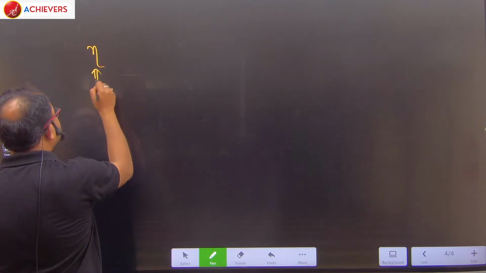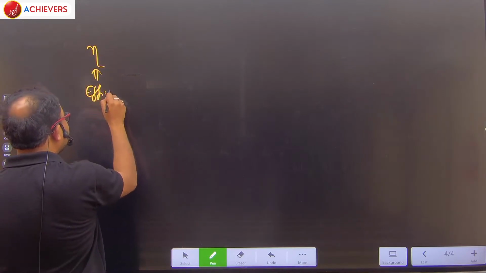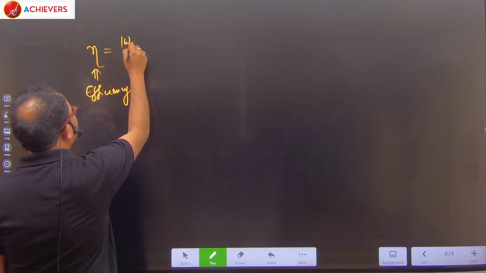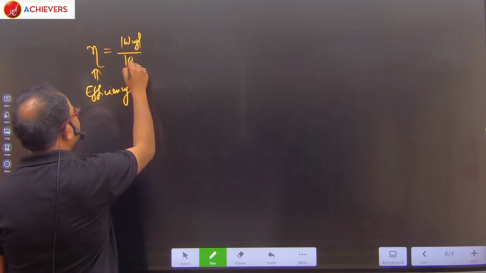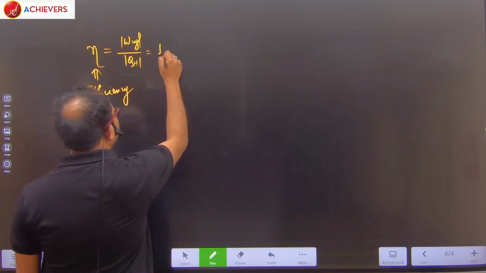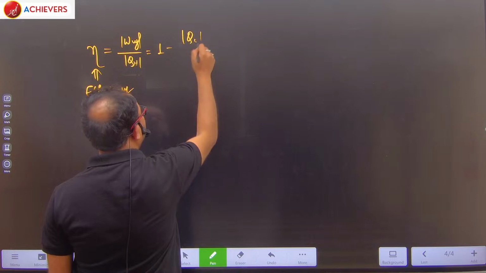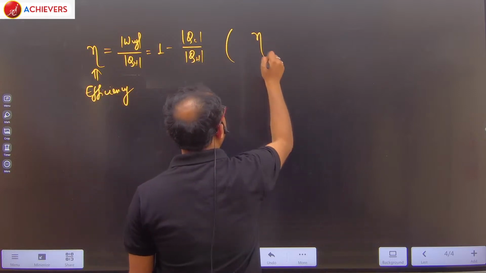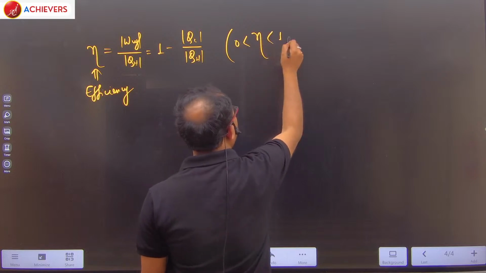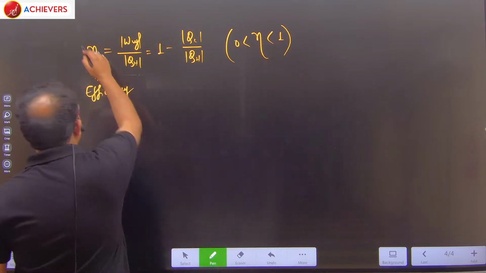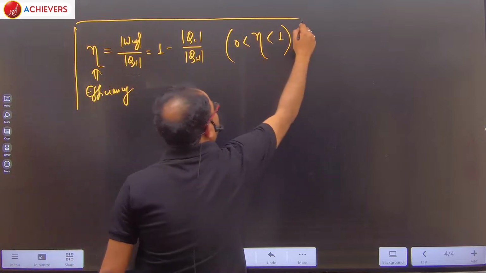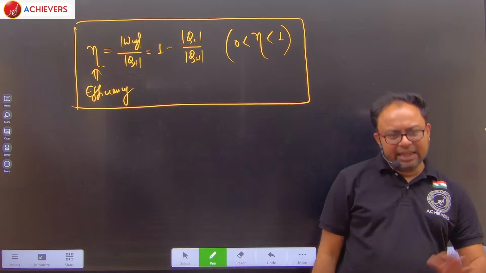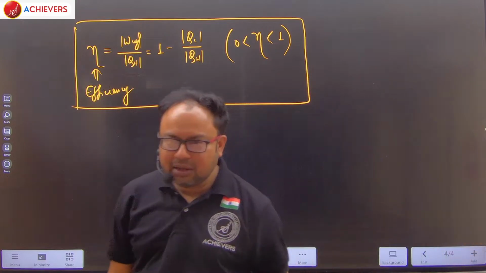Eta is the efficiency. We found out that eta is equal to mod W cyclic by mod QH, which is again equal to 1 minus mod QC by mod QH. And this is a parameter which varies from 0 to unity. So this much is known to all of us.